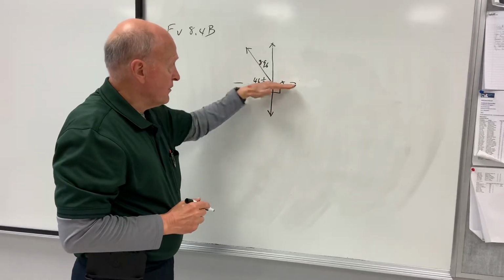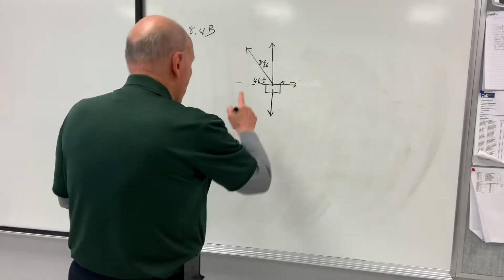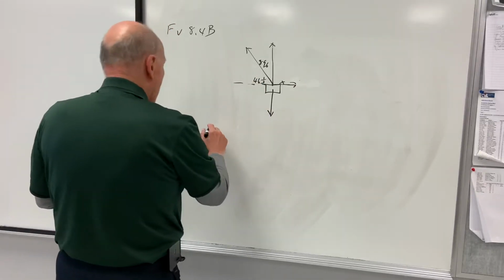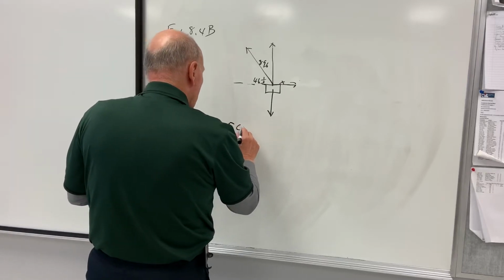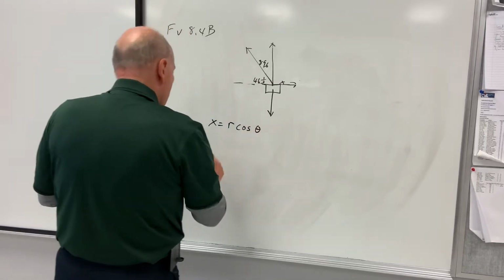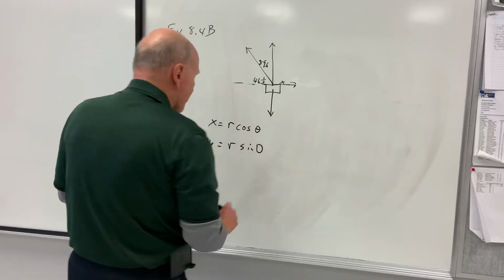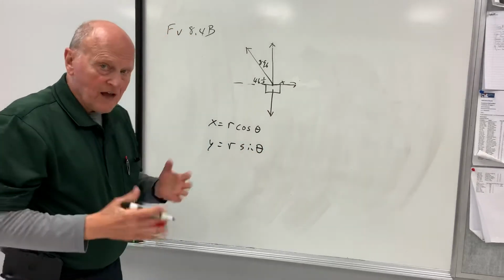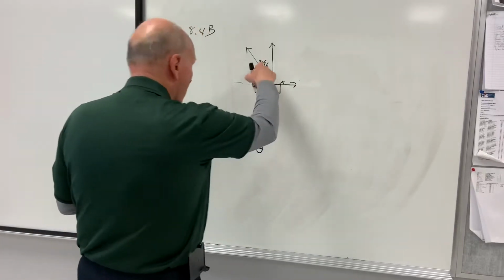The x component is going to be the tension on the rope. All right, so to find that, we know that x is equal to r cosine of theta, and we know that y is equal to r sine of theta, just like we do on component vectors.